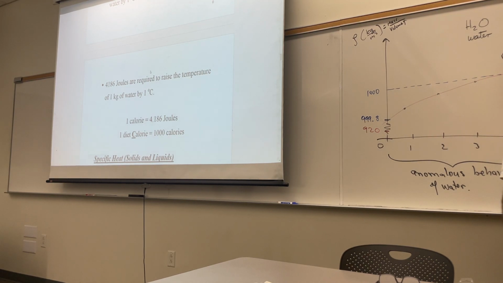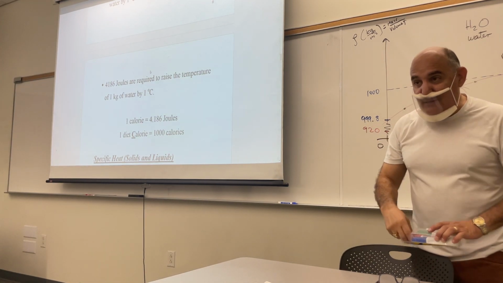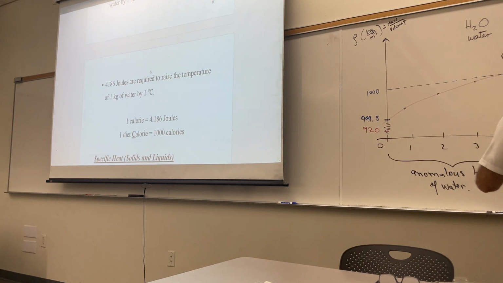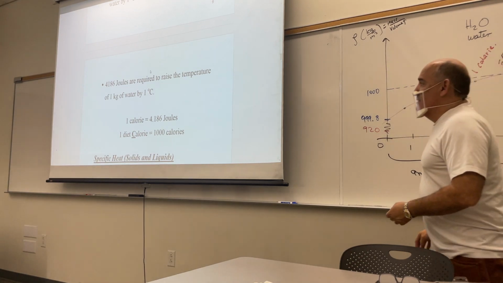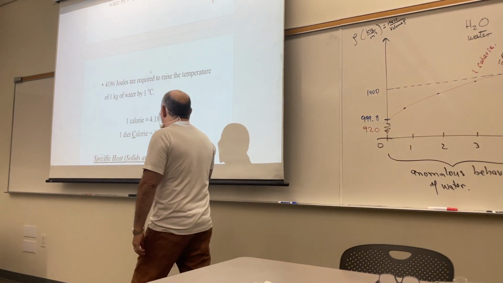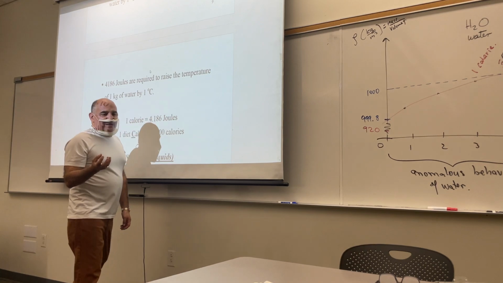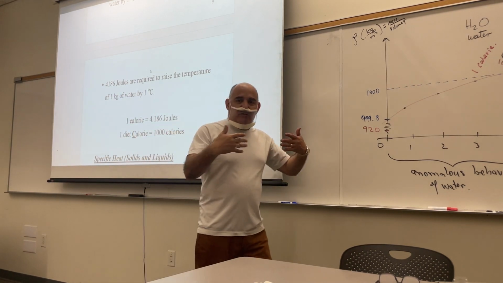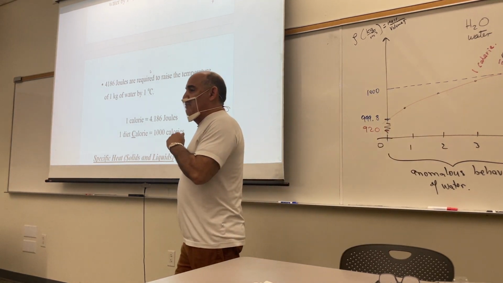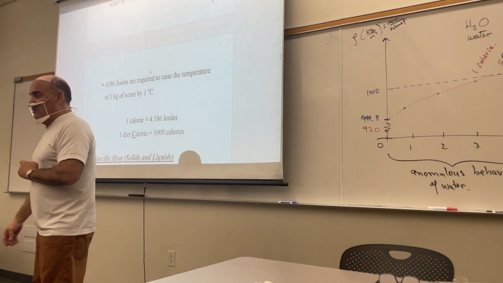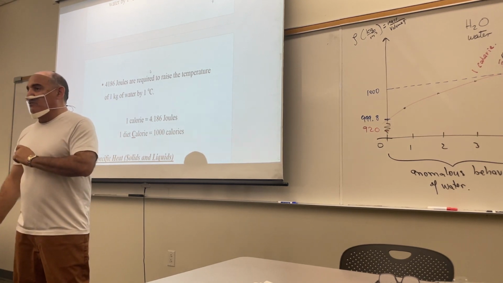So instead of working with decimal places for that amount of energy to raise the temperature of 1 gram of water by 1 degree Celsius, people define this as 1 calorie. So a calorie is just a unit of energy, and it's defined as the amount of heat energy that would have to be transferred into 1 gram of water to raise the temperature of that water by 1 degree Celsius. 1 gram of water, 1 degree Celsius.